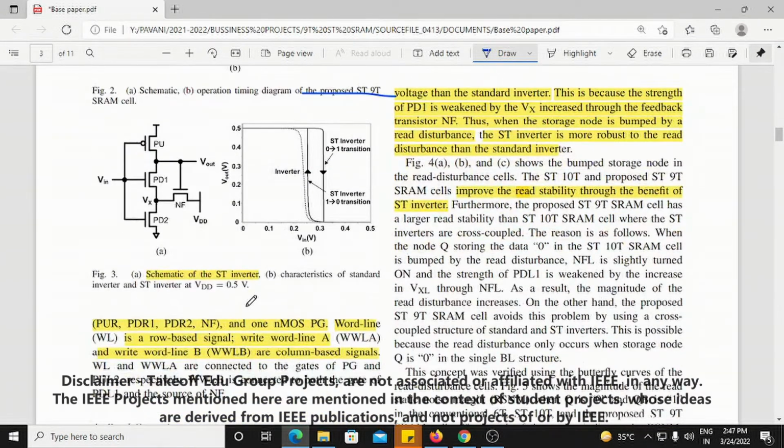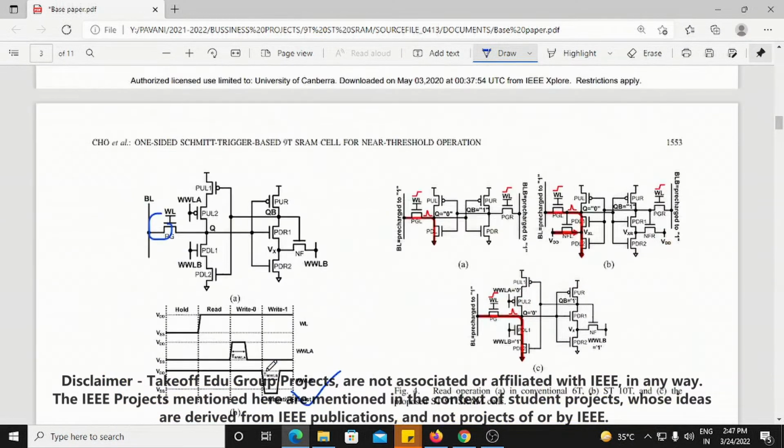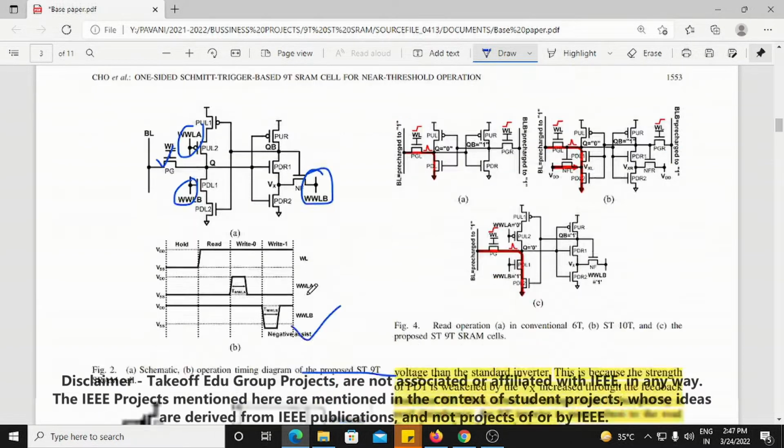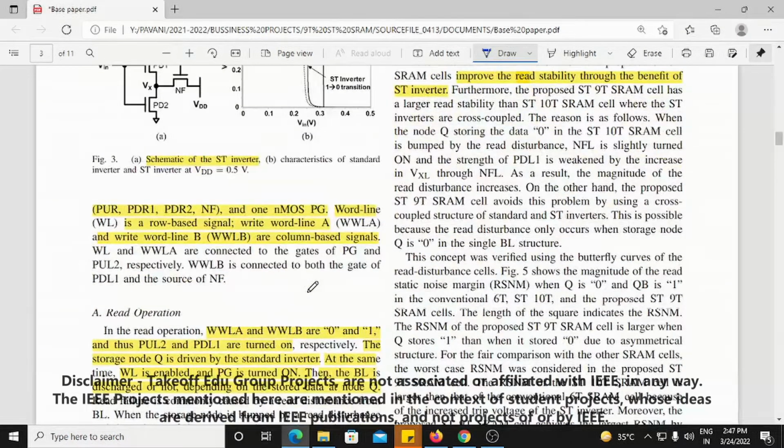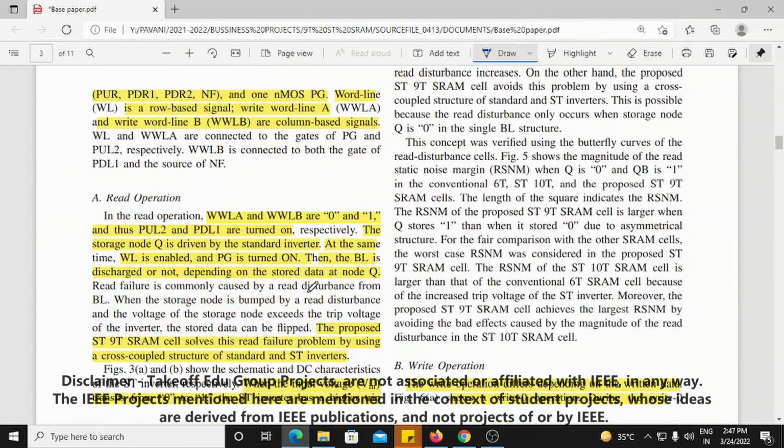Also, the word line WL is a row-based signal, and WWLA and WWLB are column-based signals. Next, the read operation.